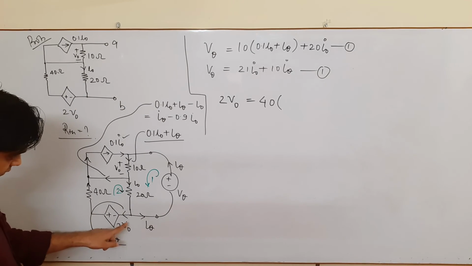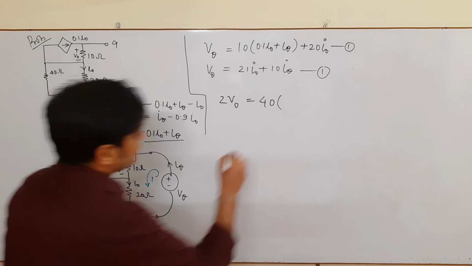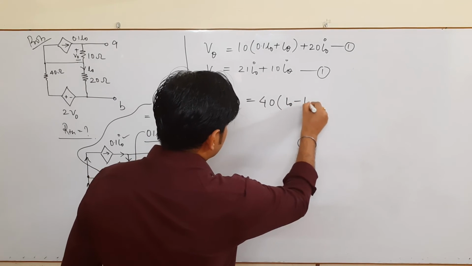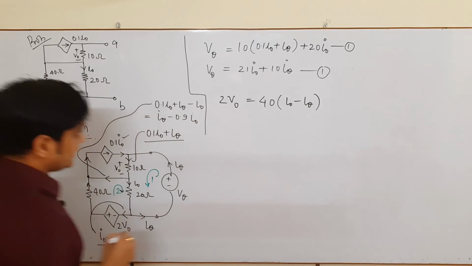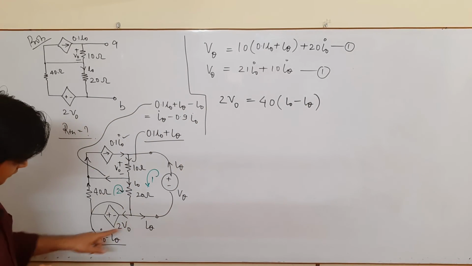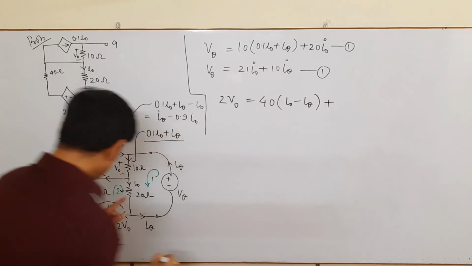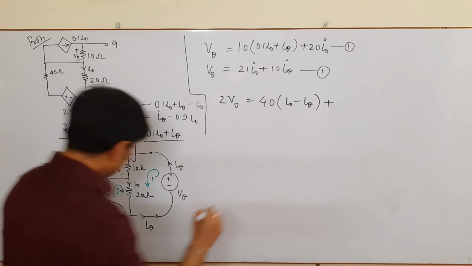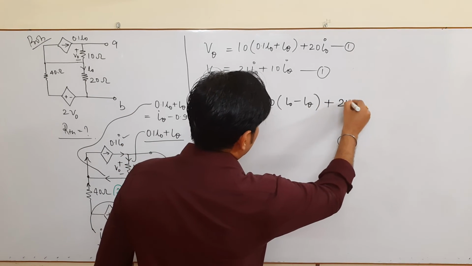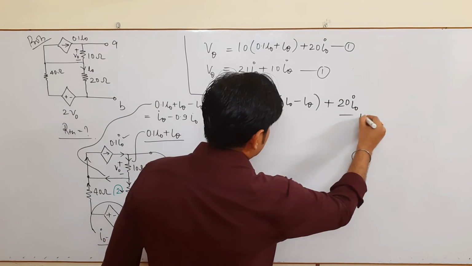Here the current is I naught minus I theta. Please keep the sign convention very clearly while solving this problem. Plus we are moving in this fashion, so plus 20 I naught is your second equation.